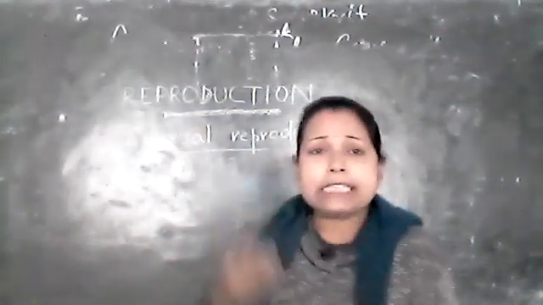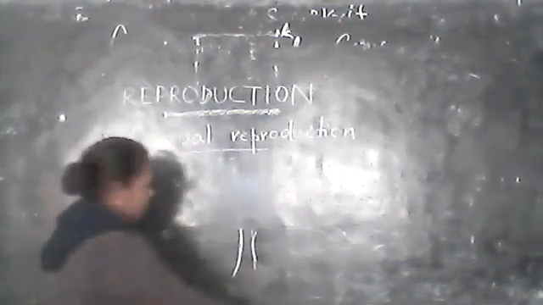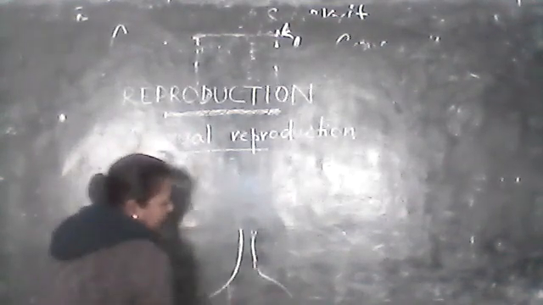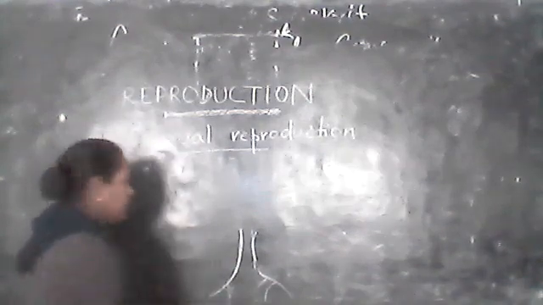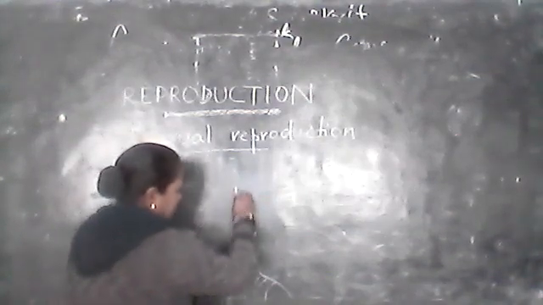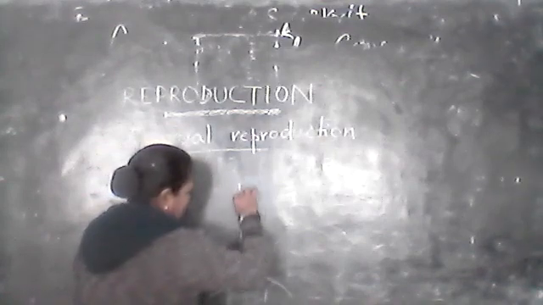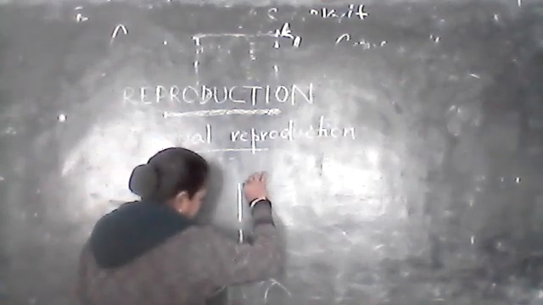So cutting is done in such a way. Suppose this is the root portion of the plant. ये जो root portion जो plant का हम लोग लेंगे, इसको हम लोग कहेंगे stock, and we are taking the shoot of another plant that is known as scion. This is the scion. ठीक है?